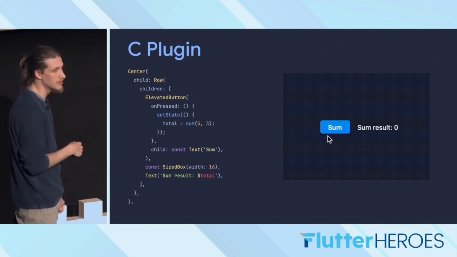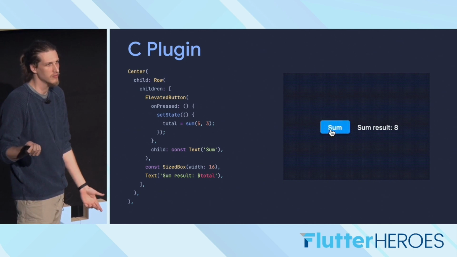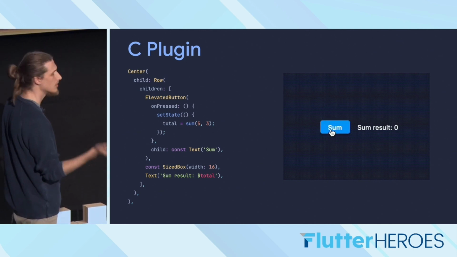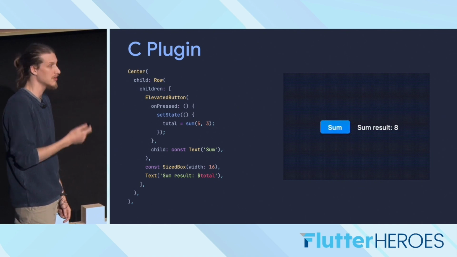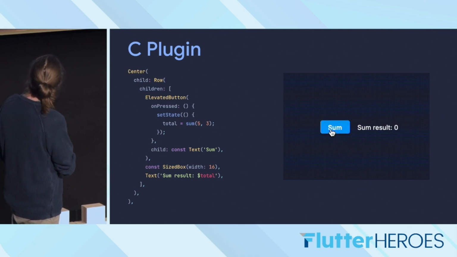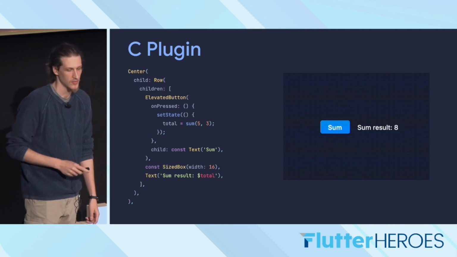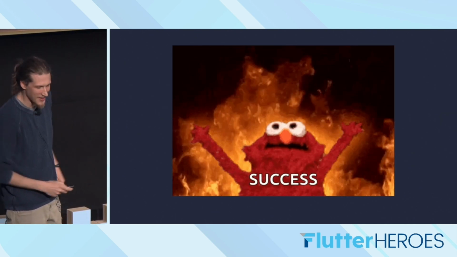It's just the function that we defined in C, and that is just mapped through FFI gen to Dart. And then we use it like every other function. And as you can see, here's the actual example. And it works smoothly. So let's go.